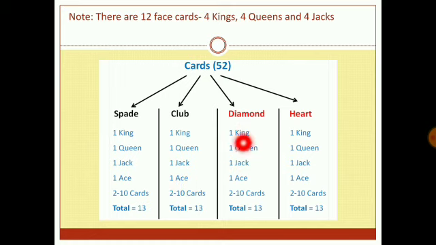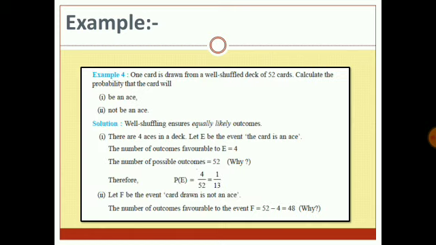Same is the case with diamonds and same is the case with hearts. So in all we have 13 black spade cards, 13 black club cards, 13 red diamond cards, and 13 red heart cards. In all we have how many? We have 52 cards.